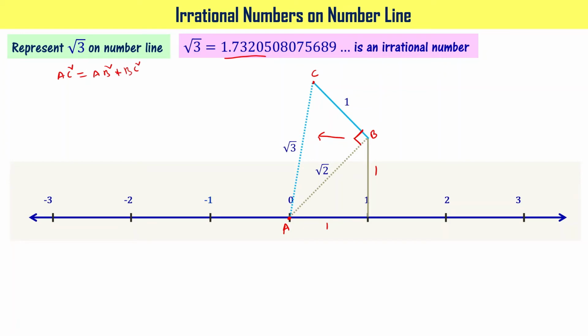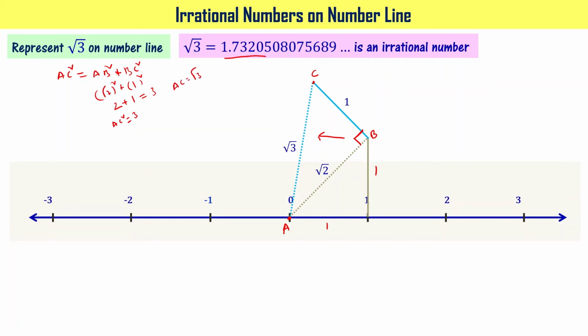You see, AB is root 2, meaning root 2 whole square plus BC is 1 square. Root 2 whole square is 2 plus 1 square is 1. It means AC square equals 3. So I can say that AC equals root 3.